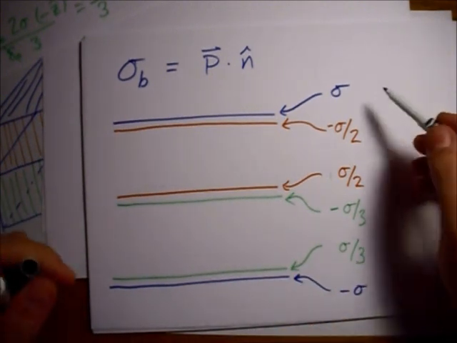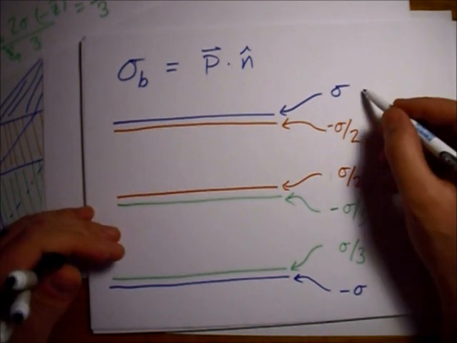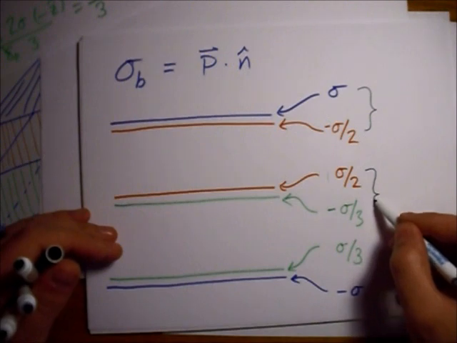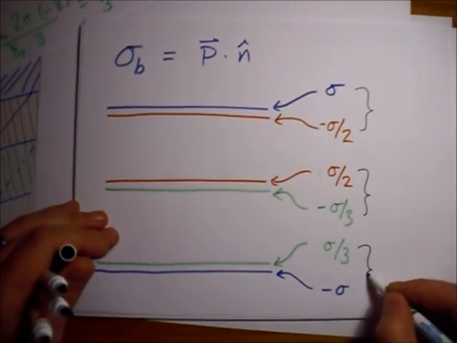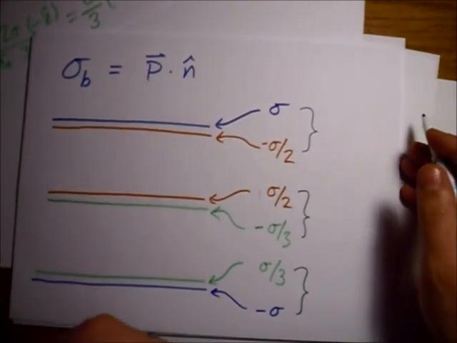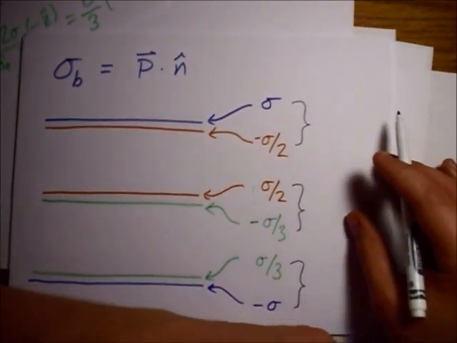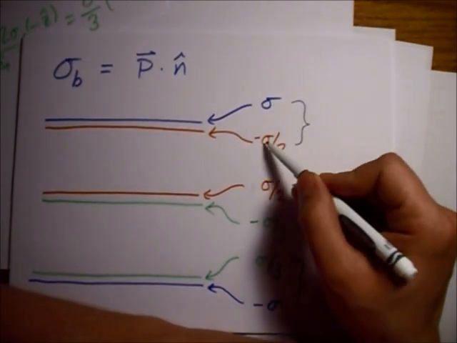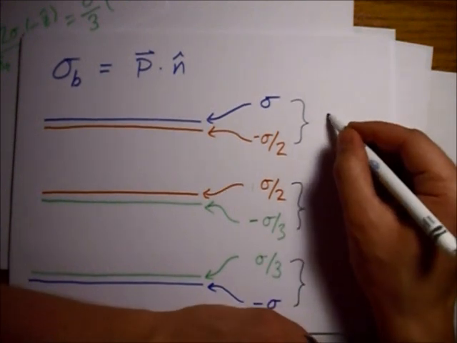Let me write the total charge at each of these interfaces. Here we have a sigma of plus charge and a minus sigma half of minus charge, right?